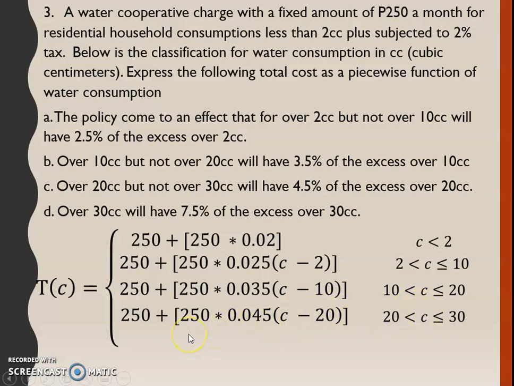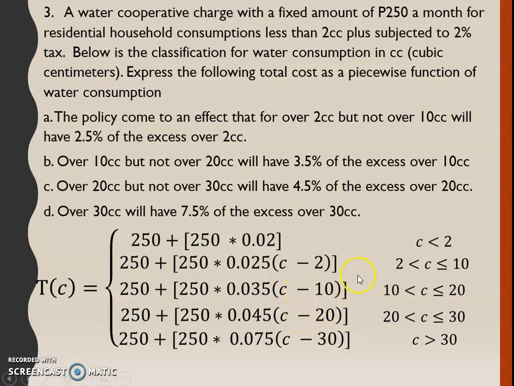And for the last one, the excess over 30 cubic centimeters. So what will be the representation? You have 250 plus 250 times 7.5%, then multiplied by the excess over 30 cc.